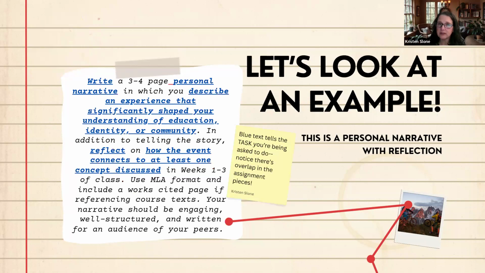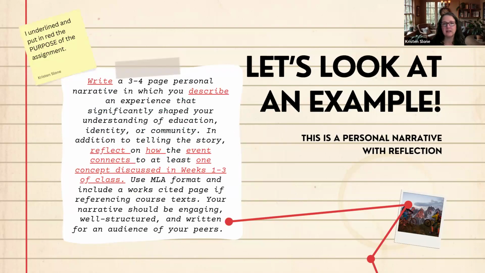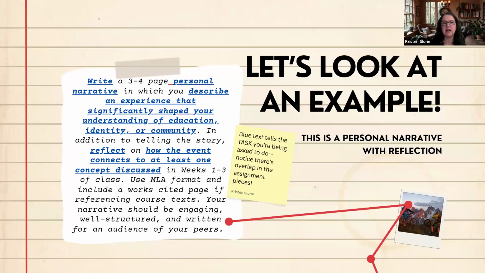In blue, you'll see the task that you're being asked to do. And notice if I go back and forth between the last slide and this slide, do you see how there's some overlap there in the assignment pieces? Okay. So the task you're being asked to do is write a personal narrative, describe an experience that significantly shaped your understanding of education, identity, or community, reflect on how the event connects to at least one concept discussed.